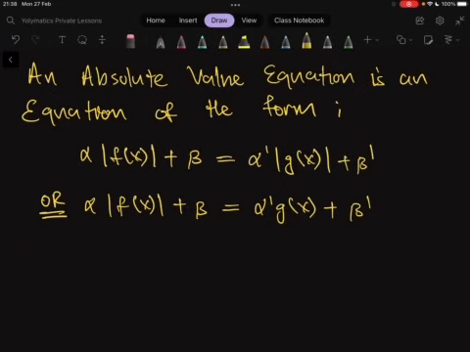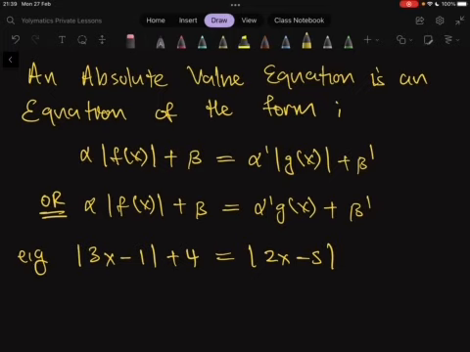So examples of absolute value equations are things like this. Maybe solving the equation the absolute value of 3x minus 1, plus 4, is equal to 2x minus 5, or maybe the absolute value of x minus 3 is equal to 4x squared minus 1.